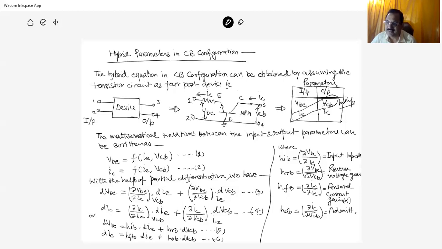So with the help of these equations, we can formulate a matrix equation.